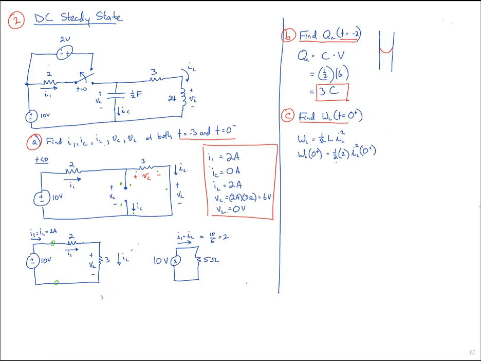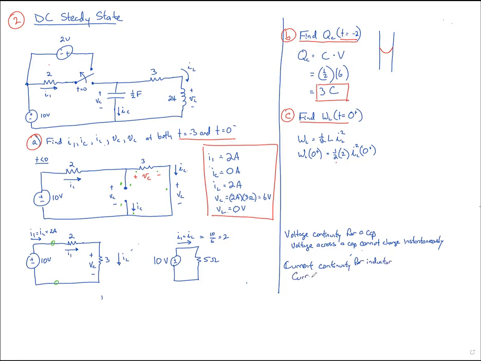Now, in general, currents and voltages can change between 0 minus and 0 plus. They can change instantaneously anywhere in the circuit, with the exception that there is something called voltage continuity for a capacitor. Same thing as saying the voltage across a capacitor cannot change instantaneously. And there's also current continuity for an inductor.